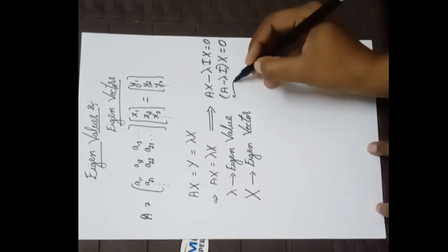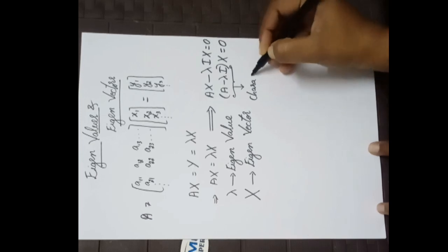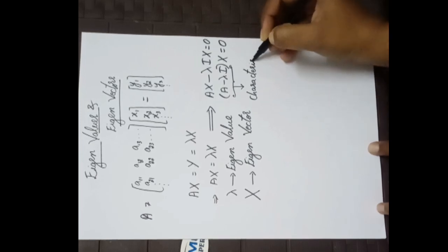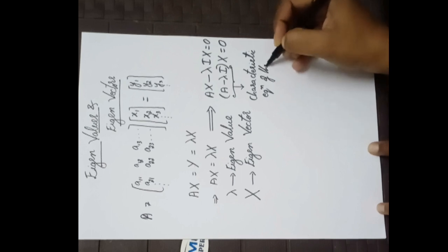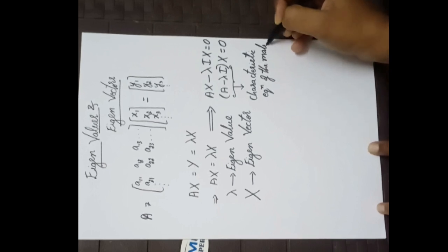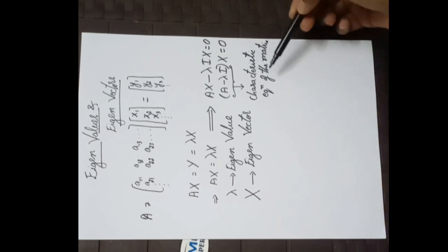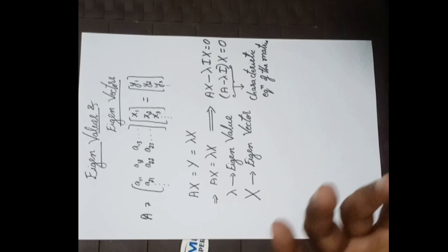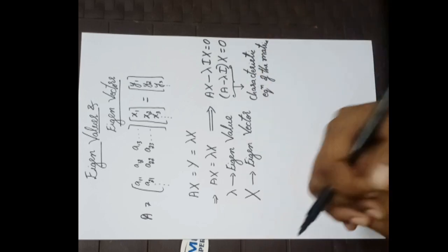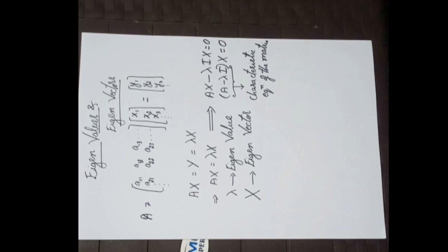And this A minus lambda I is called the characteristic equation of the matrix A. Using the characteristic equation of a particular matrix, that is A minus lambda I, we are going to find the lambda value, that is the eigenvalue. Very simple, very convenient.